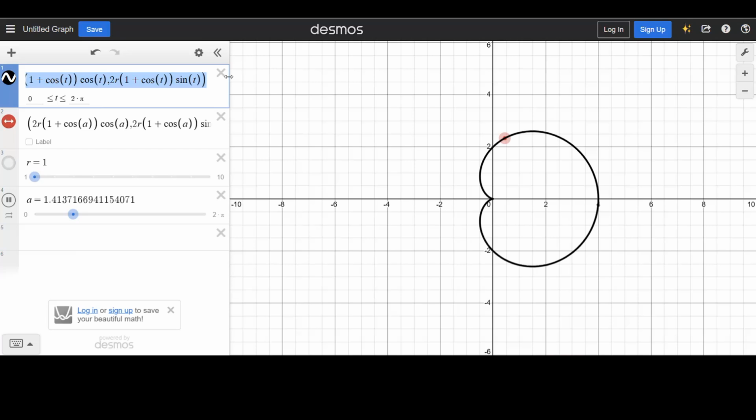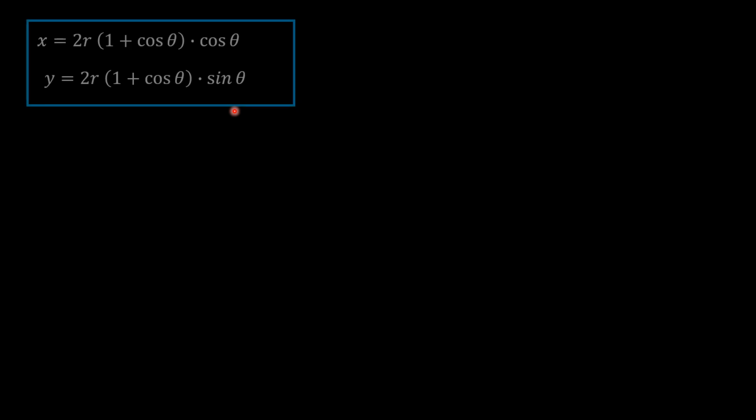So that is simply how you can plot a cardioid, taking the polar equations that we had and using parametric equations in Desmos. You can pretty much plot a cardioid and derive the Cartesian equation of a cardioid from the polar equations. So now we have x being 2r times 1 plus cosine theta times cosine theta, and y being equal to 2r times 1 plus cosine theta times sine theta, right?